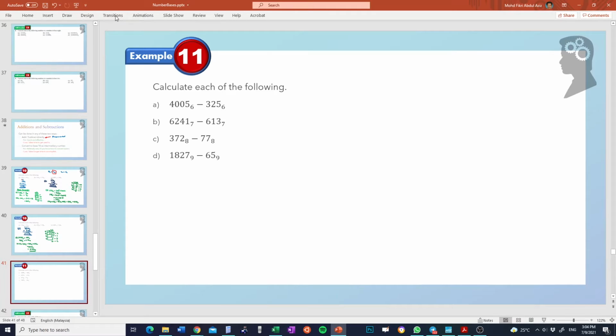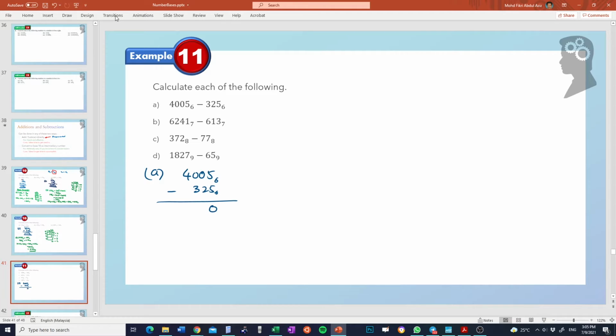Subtraction is quite similar to addition lah, but with a little bit of twist. So let's take a look at A. 4005 base 6 minus 325 base 6. Okay, 5 minus 5 is straightforward 0.